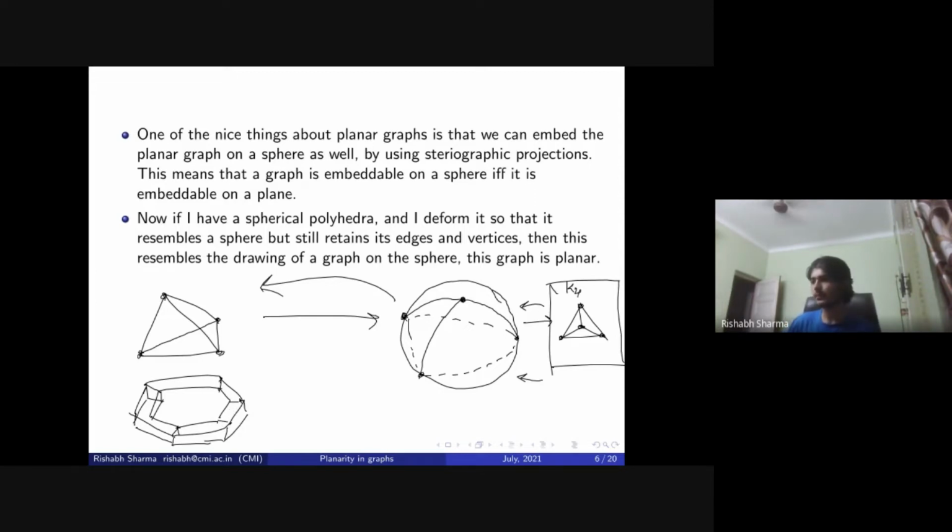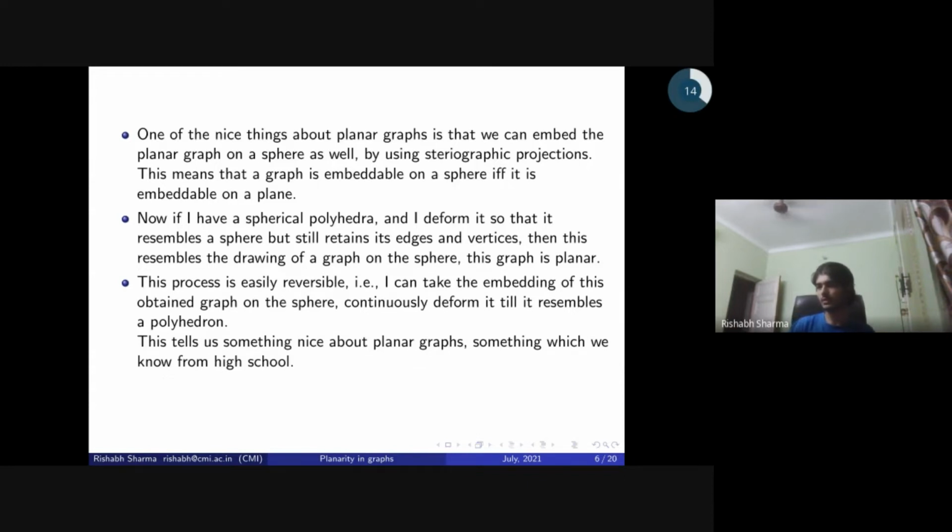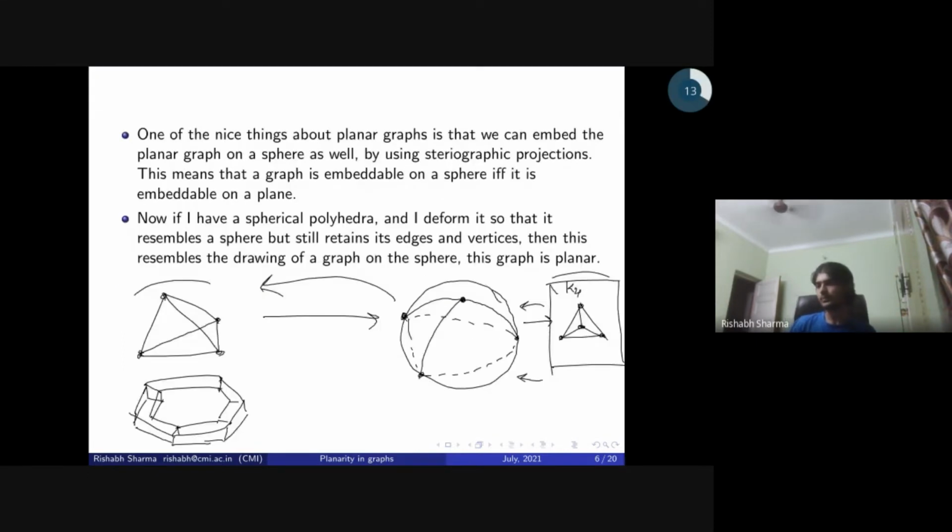So we see a correspondence between these kinds of polyhedras and planar graphs. But this correspondence is unidirectional in a way. Why? Because I cannot take any planar graph and associate it with a polyhedra.